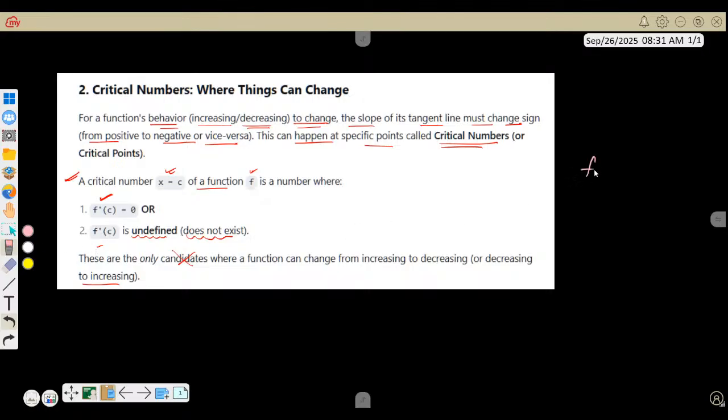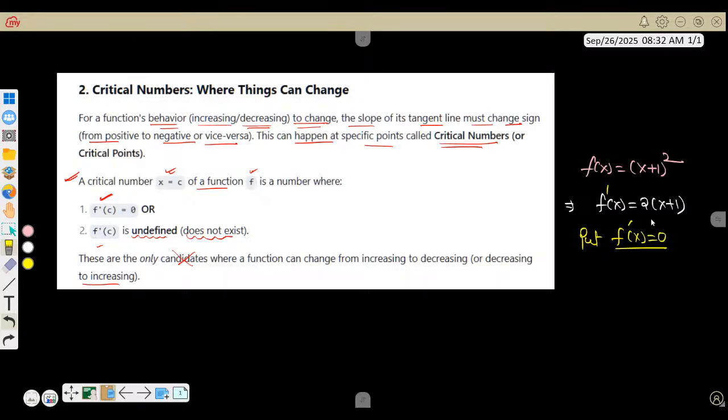Let us suppose you have a function, x plus 1 whole square. The first method is to find the derivative of this. So what is the derivative? 2 times x plus 1, right? Yes. Now, to find the critical point, put f dash equal to 0.